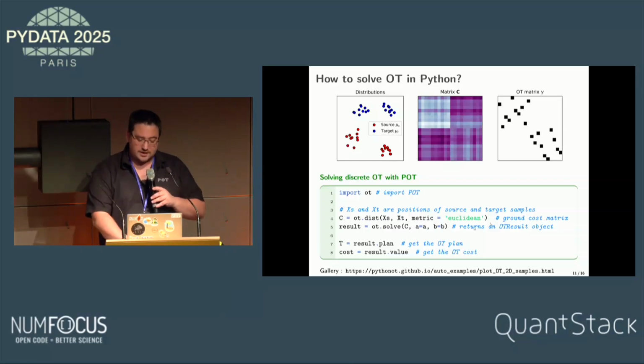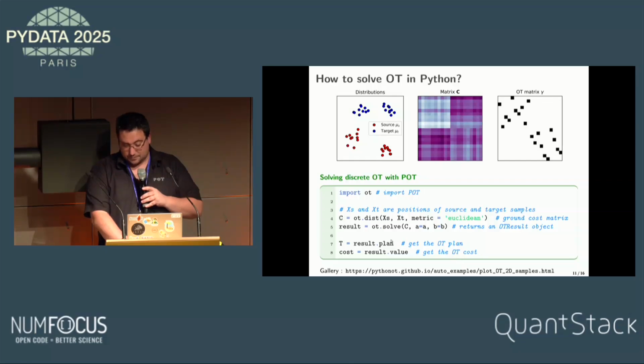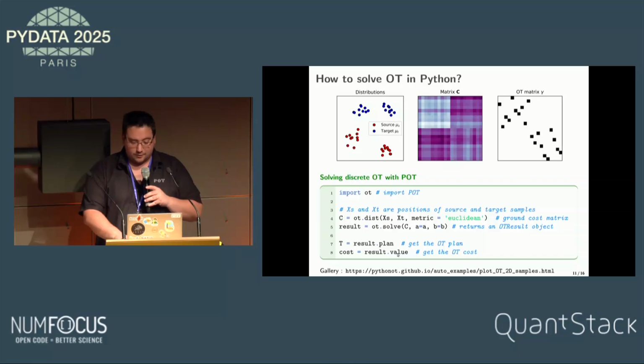Small comment, it's going to return actually a class that is an OT result, because there are many things of interest in OT. And at least I told you about the plan. So from this object, you can recover the plan with result.plan, or you can recover the cost, the optimal transport value, with result.value. You have other stuff that you can recover from the OT result, but it's probably more for advanced users. So this is how you solve OT. You see that here it's two steps.